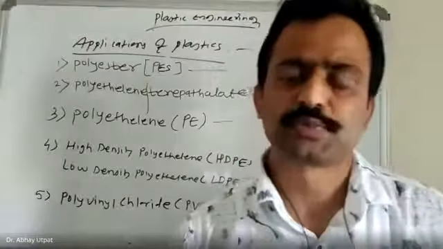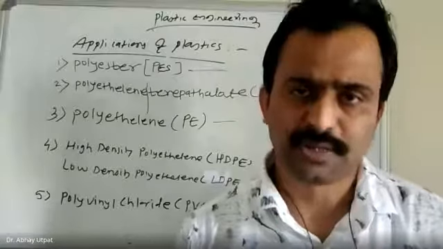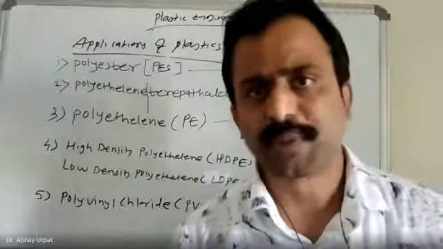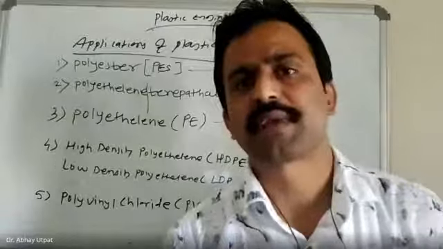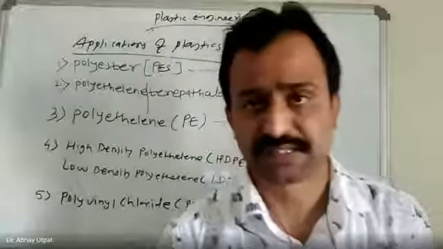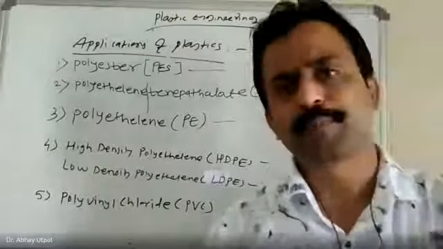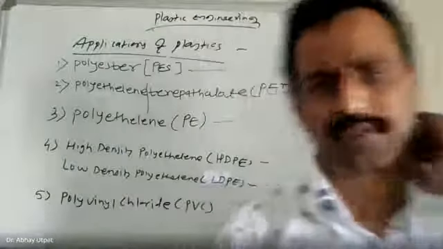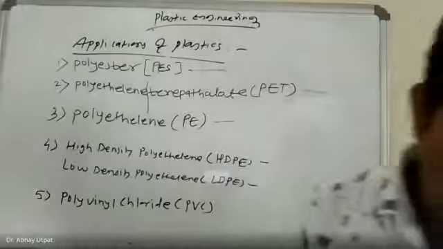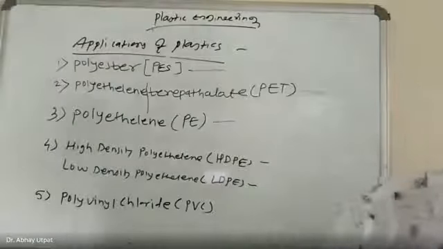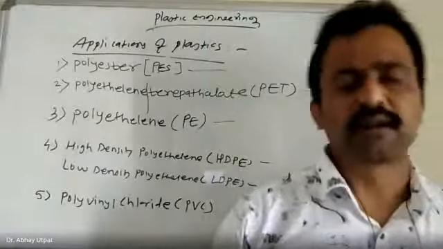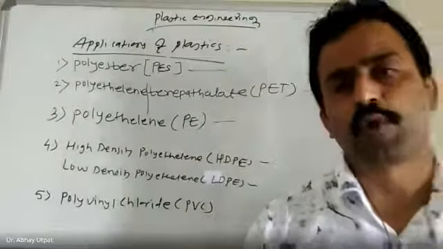PVC is used for making number of components starting from pipes. First, it was launched for making the pipes and pipe joints, elbows, T's, and other parts. Apart from that, PVC is also used for making the toys and other parts. So food packaging and other parts, drinking straws, then car bumpers, then bottle caps.